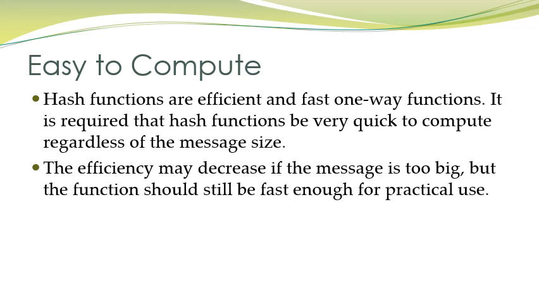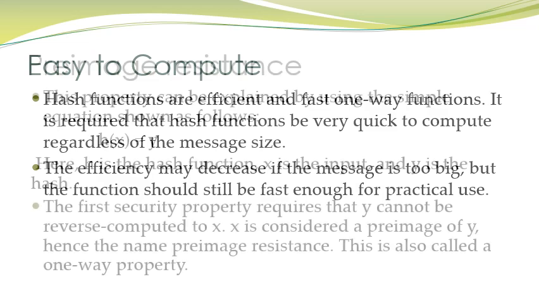If the message is too long, then the efficiency may decrease, but the function should still be fast enough for any practical use. So it should be easy to calculate the hash values, and it should calculate the value within a reasonable time. This is the second property of hash function.